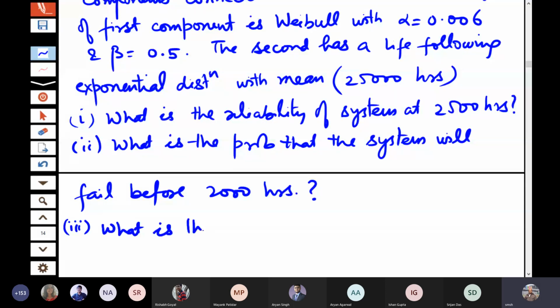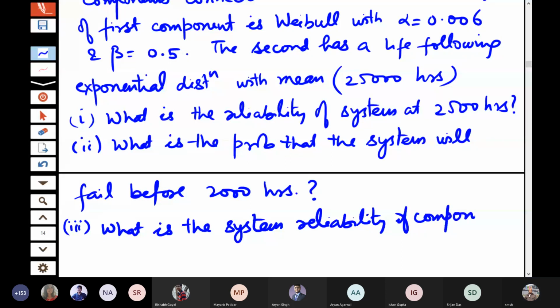What is the system reliability if components are connected in parallel?